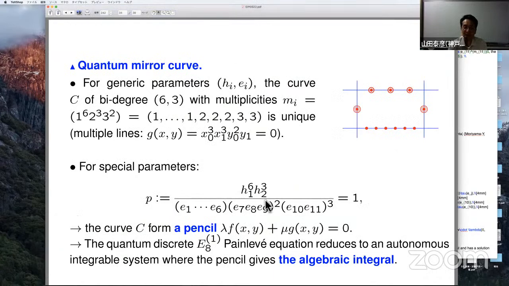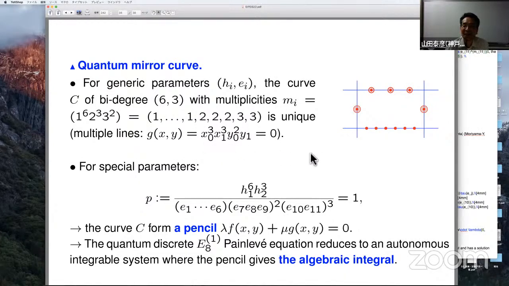Now, there is also the application to the quantum curve, the quantum Dijkgraaf curve, but I have 1 minute. So sorry. When the parameters are generic, then the curve passing through these multiple points is given by this trivial form.